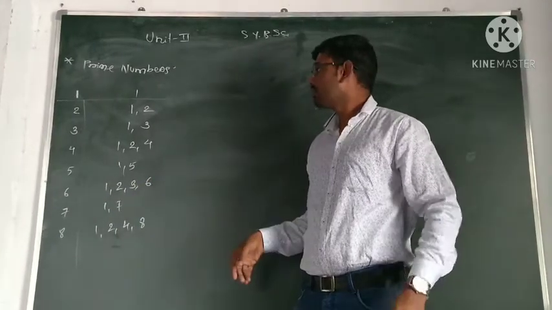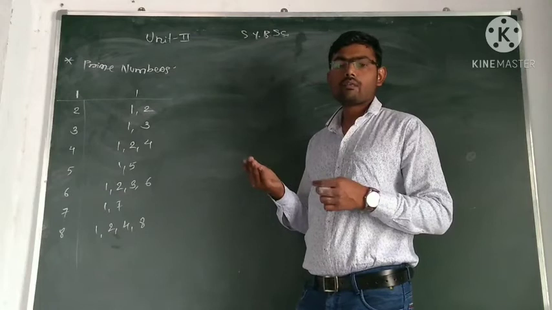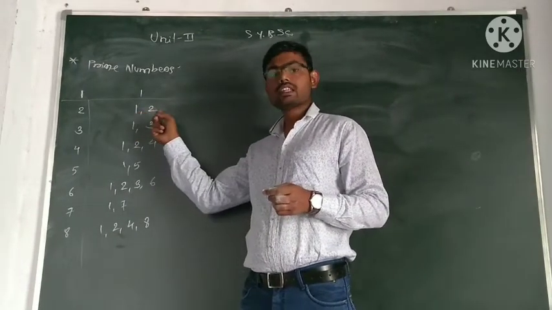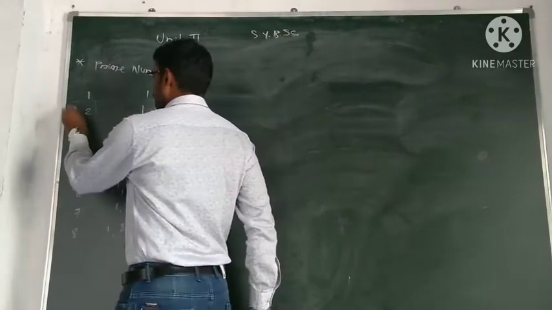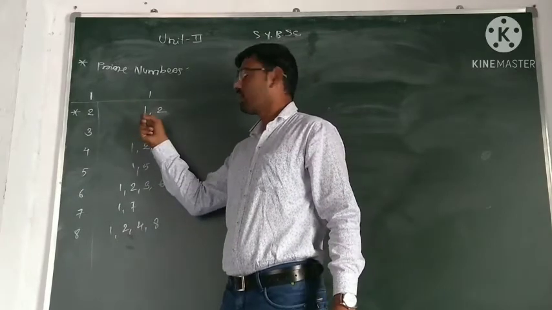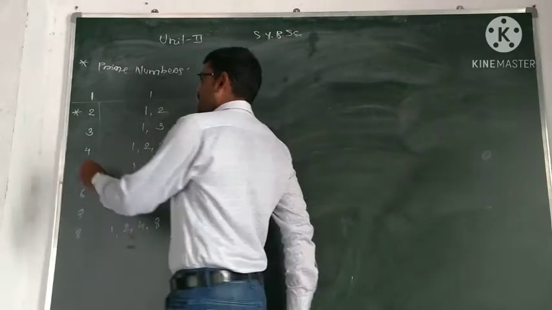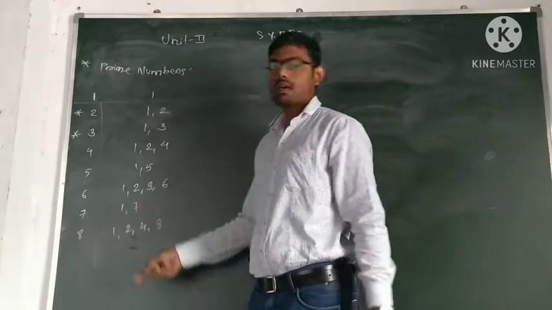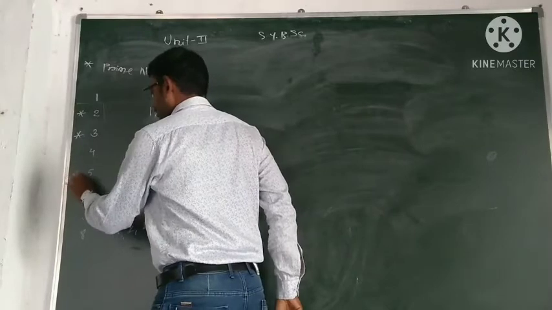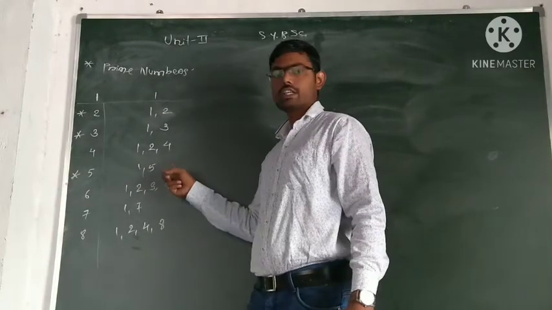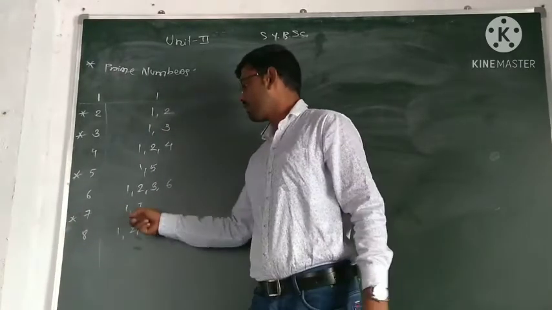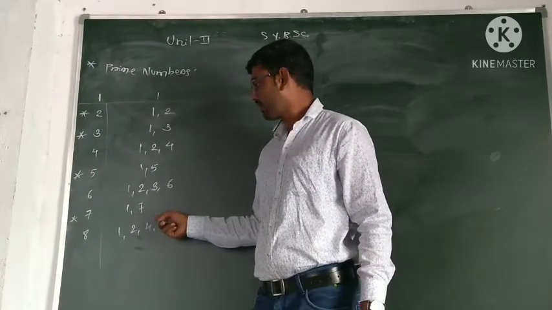Now, some numbers have only 2 divisors: one is 1 and the other is the number itself. Look at 2: one divisor is 1, the other is 2 itself. Look at 3, 5, and 7 in the same way.